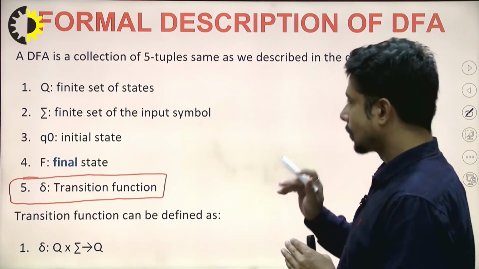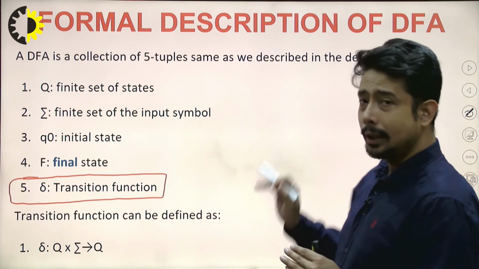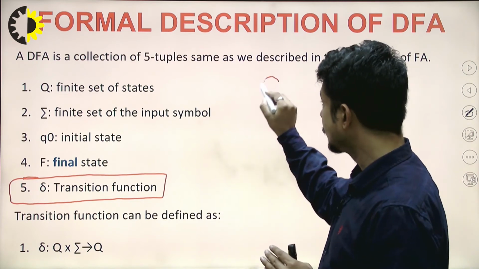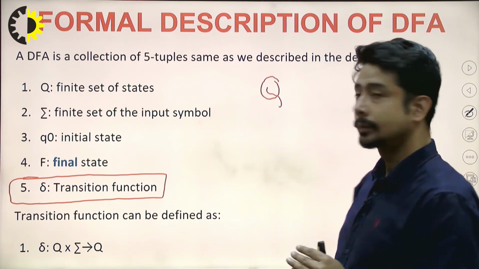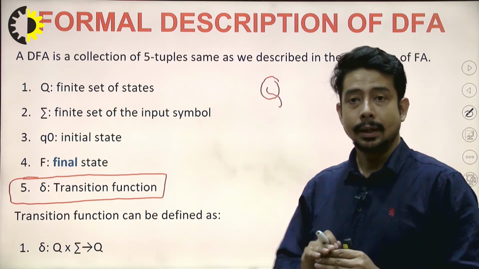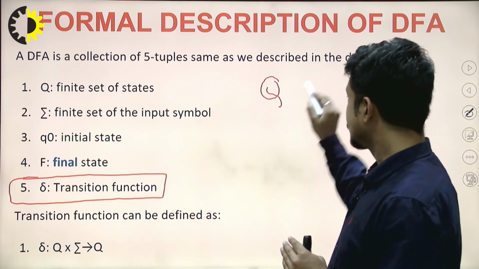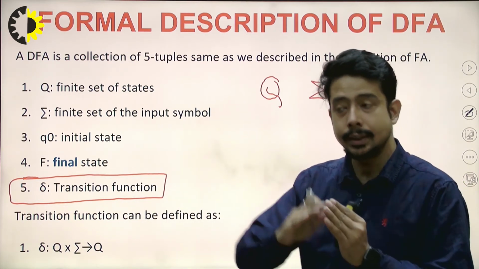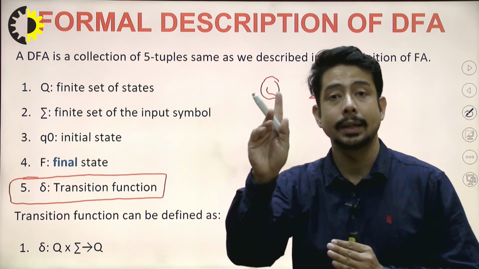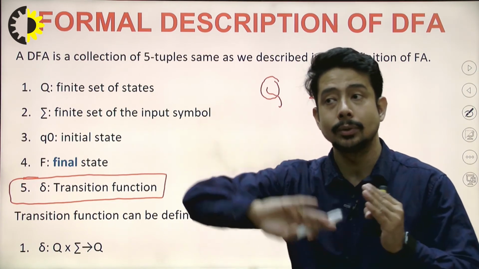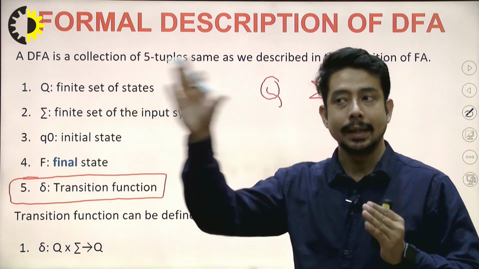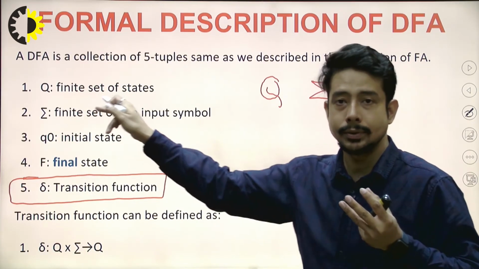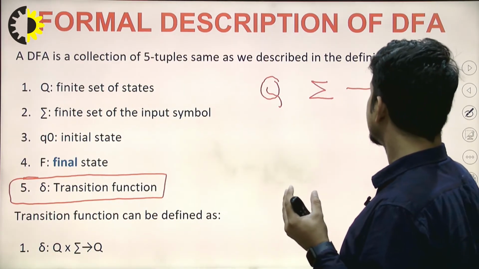Now see, we know about DFA that for every state, that means I have to take Q, and for every input, that means I have to take sigma, there should be exactly one transition that is going to the next state or to itself. The next state or itself will come from Q only, the finite set of states. So it will go to Q only.